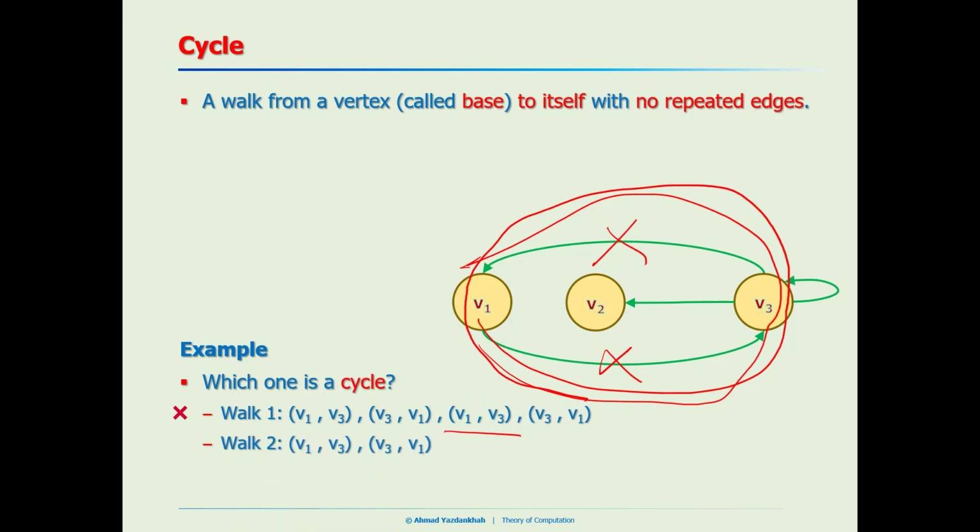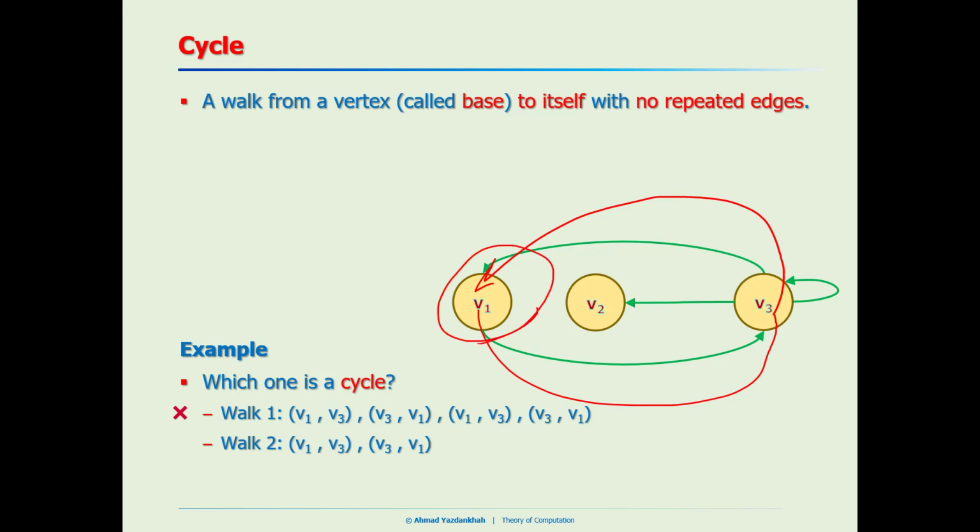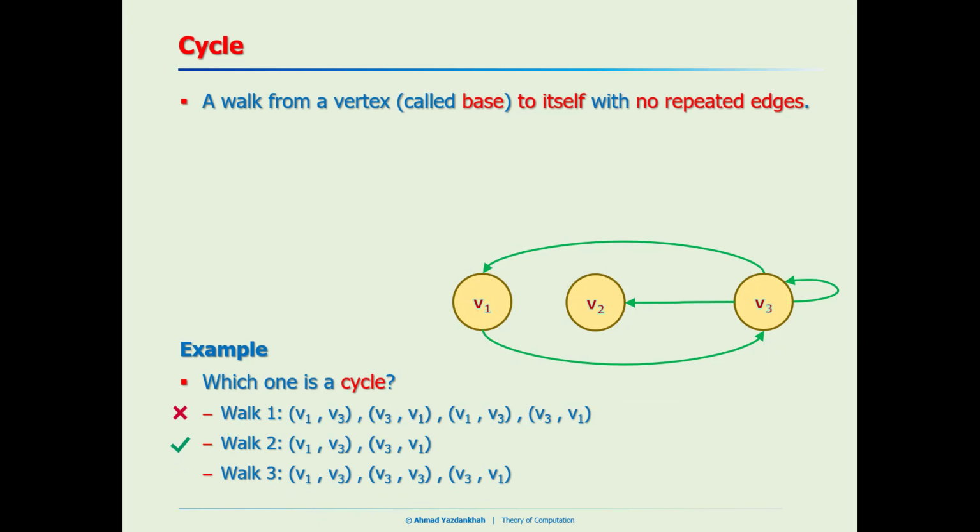How about this one? V1 to V3 and V3 to V1. As I said, it is a cycle because only this vertex is repeated, and based on the definition it is a valid cycle. How about this one? V1 to V3, V3 to V3, and V3 to V1.